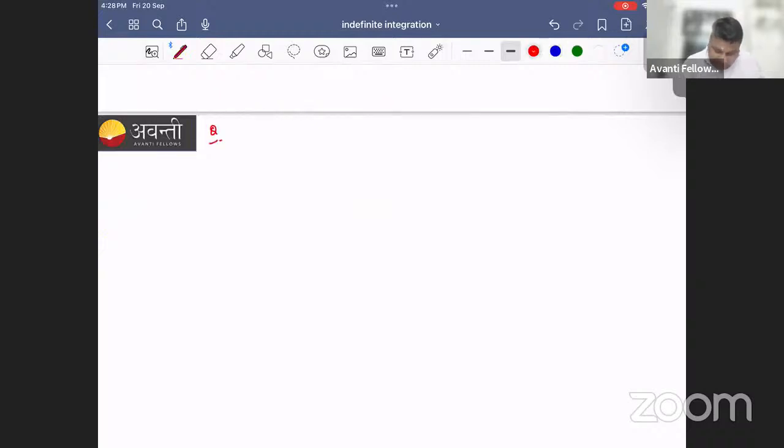This is like integration dx upon x plus 2 under root of x plus 1. It's like linear outside, linear inside the root. Got it? Linear outside, linear inside the root.